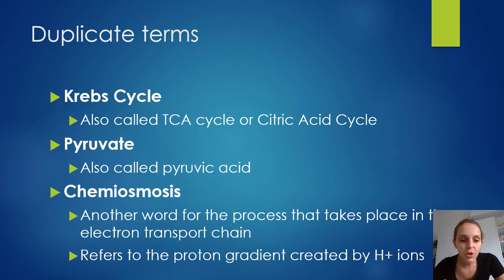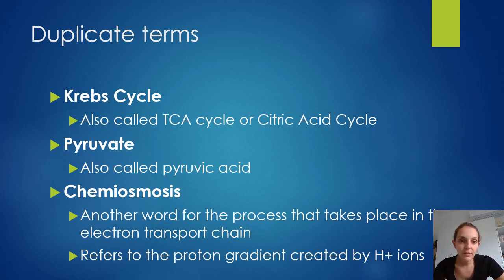There are some duplicate terms that you will come across, especially if you choose to study this for your student experiments. So I've just highlighted them here in case you get confused with what they mean. The Krebs cycle is also referred to as the TCA cycle, or the tricarboxylic acid cycle, or the citric acid cycle. Don't ask me why. There are some serious complexities around that, but they all refer to the Krebs cycle.